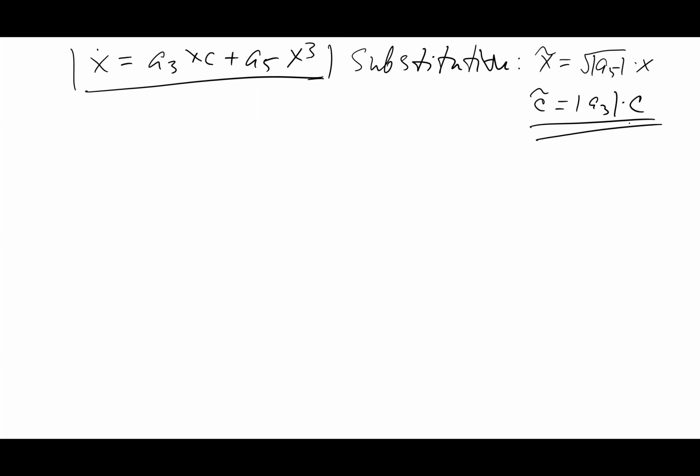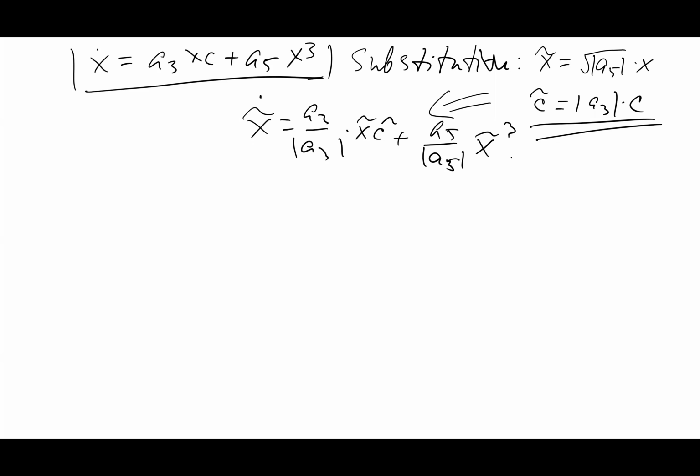And after using this, from here we get x tilde dot equals A3 divided by modulus of A3 times x tilde c tilde plus A5 divided by absolute value of A5 times x tilde cubed.